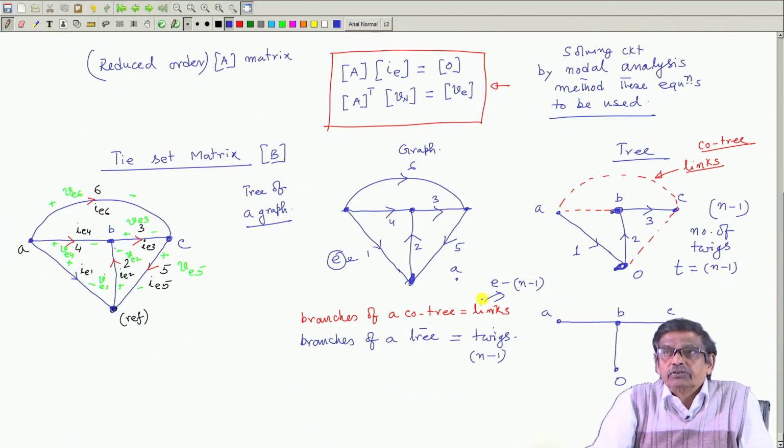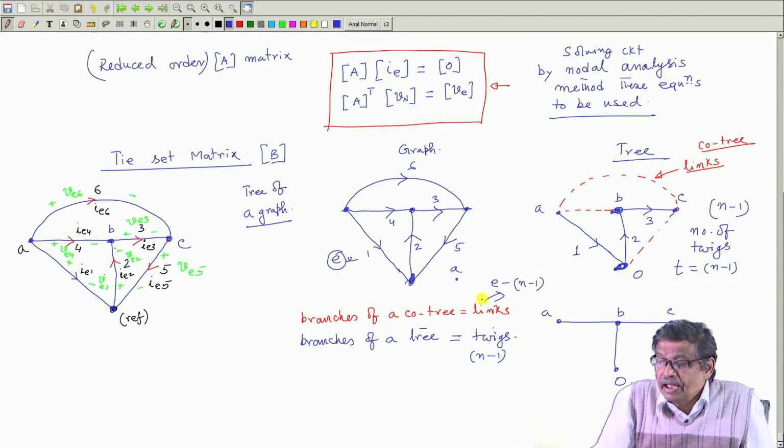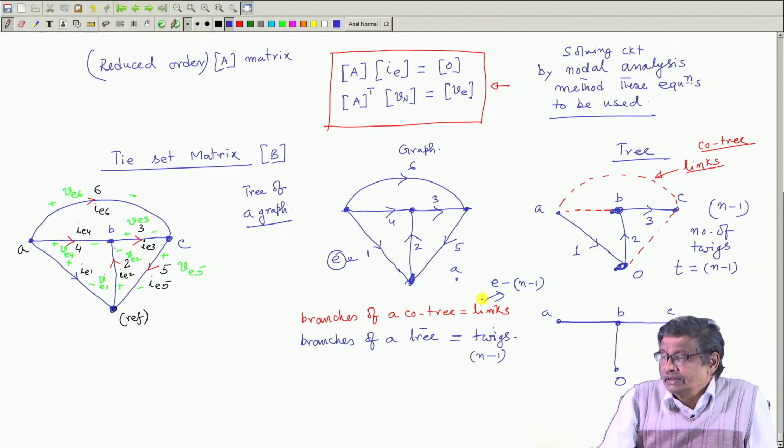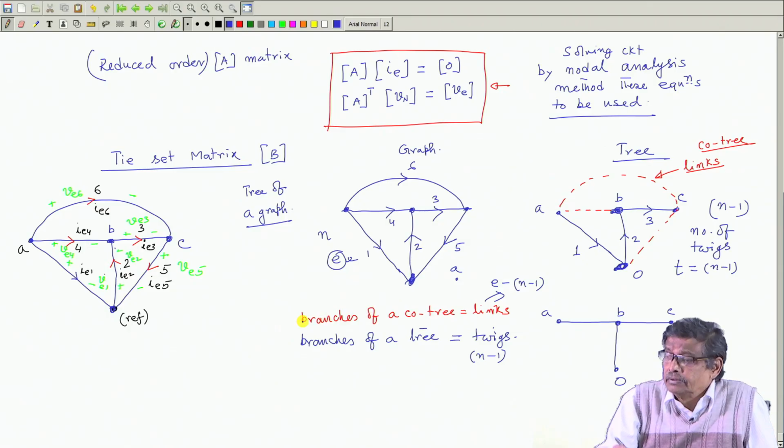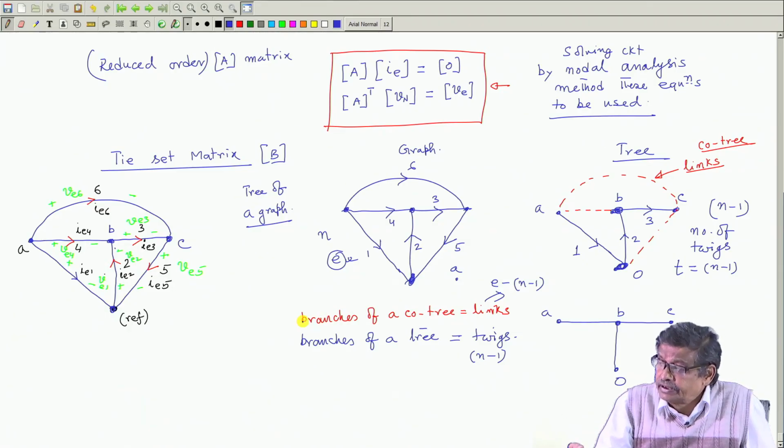That will also tell you how many edges will be there. In the full graph, I will say branches or edges, the total number of edges I know, and the total number of nodes I know. Then I construct a tree.